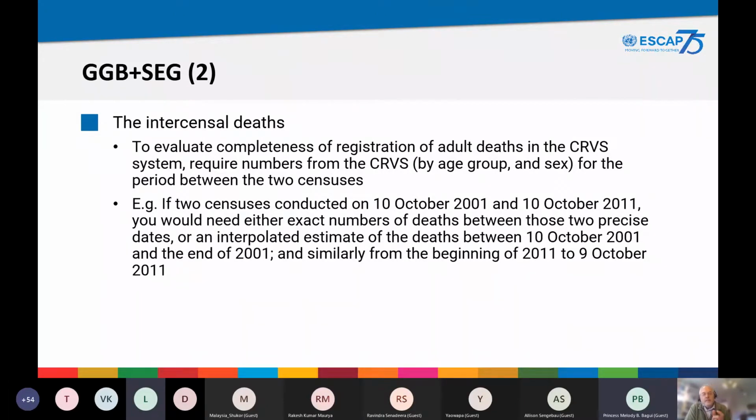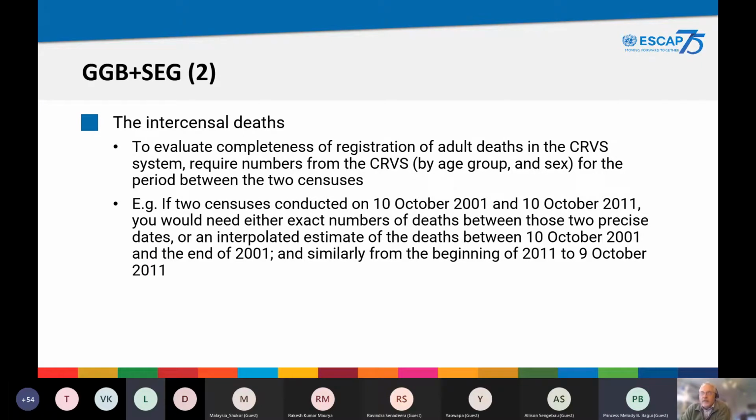And similarly for the deaths in 2011, you'd only want to include the fraction of deaths in 2011 from the beginning of that year through to the night before the census on the 9th of October 2011. But usually that is not too much of a burden to extract from one's civil registration system.